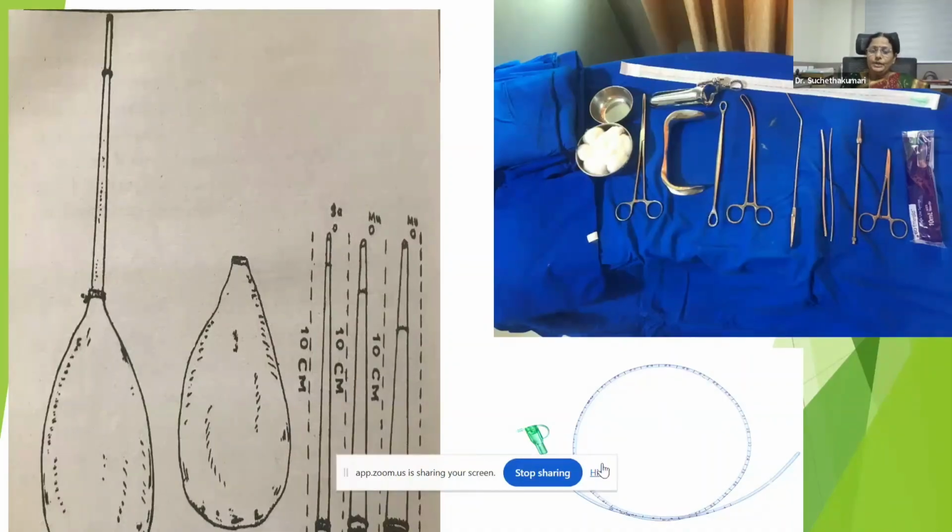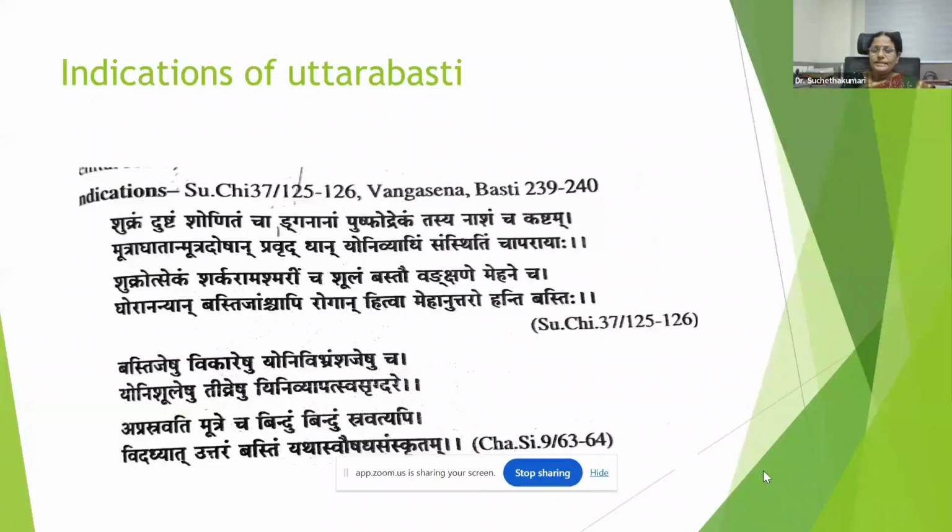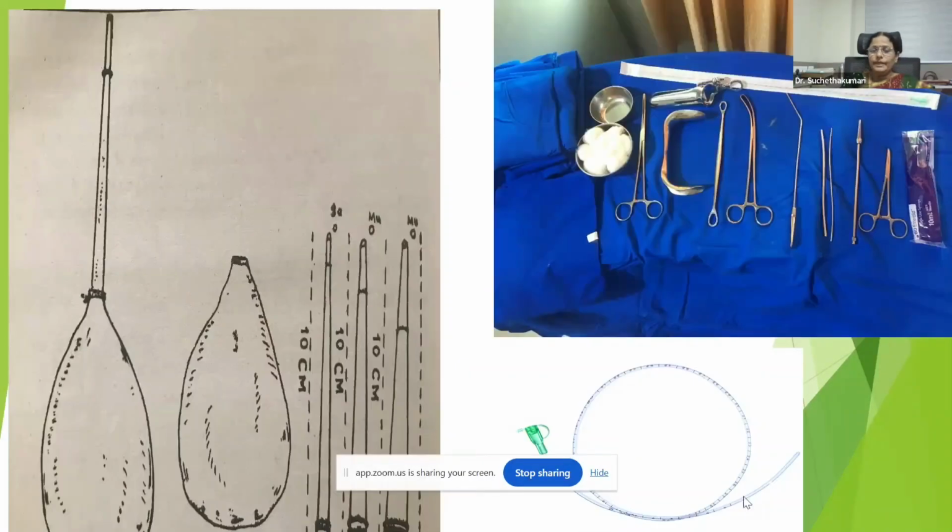Here we usually use an infant feeding tube. With the help of the syringe fixed to the infant feeding tube, we draw the dravya or the medicament, usually a sneha, and we introduce it into the uterus.